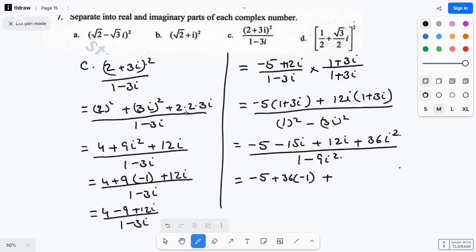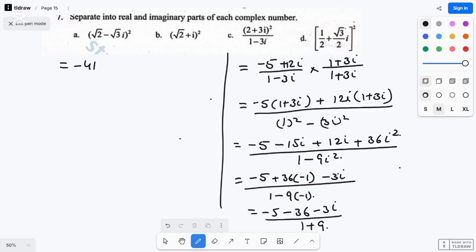-15 plus 3 iota divided by 1 minus 9 into iota square, the value of which is -1, equals -5 minus 36 minus 3 iota divided by 1 minus into minus plus 9, equals -41 minus 3 iota divided by 9 plus 1, that is 10.